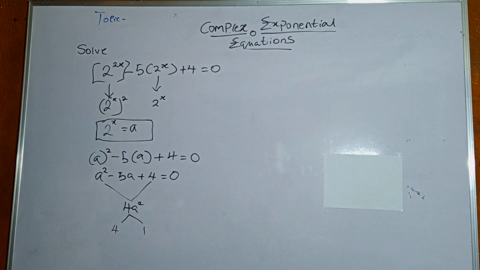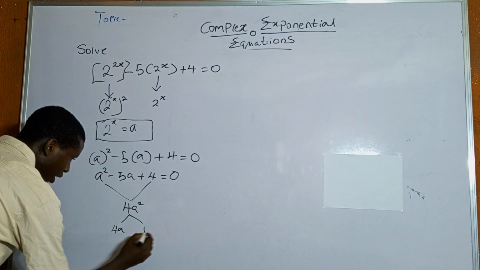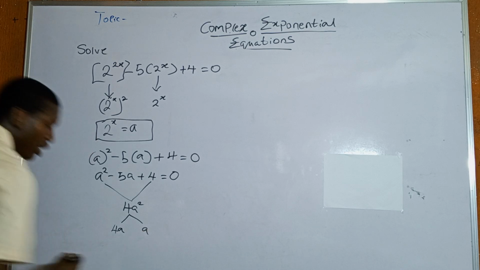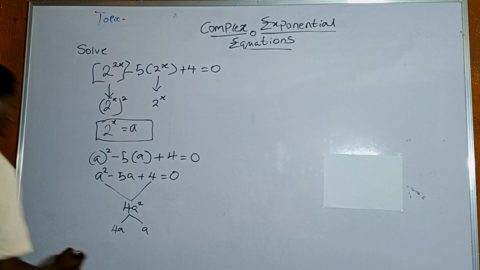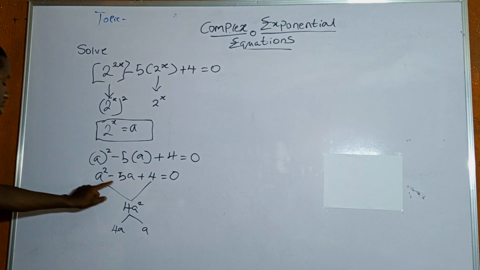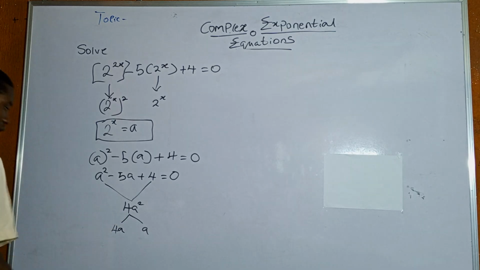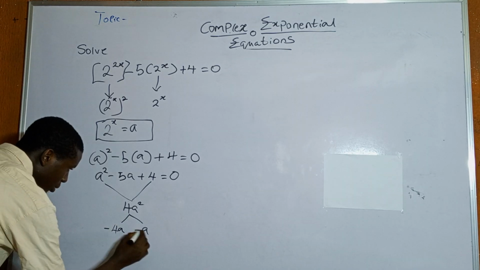But how do we know the signs to use? Now this will be 4a and a. A is still the same thing as 1a. But because we have minus here and we have plus here, both of them are going to be minus.